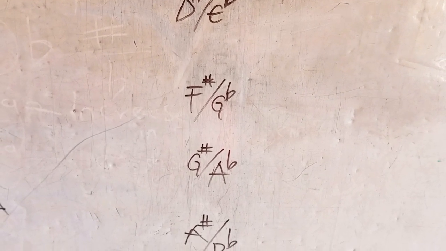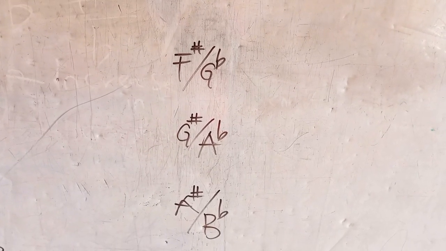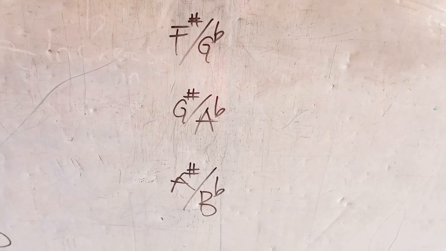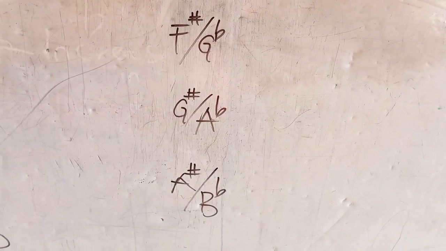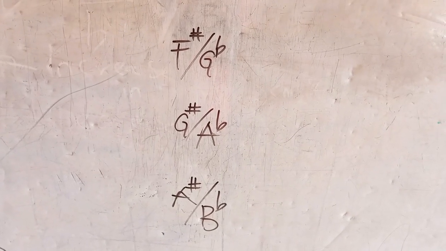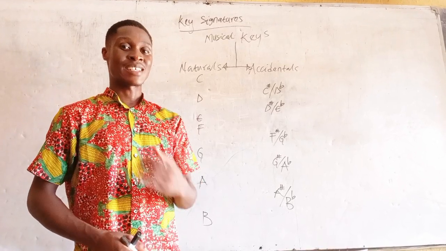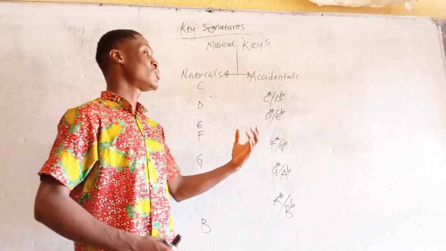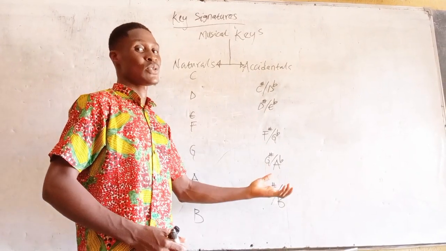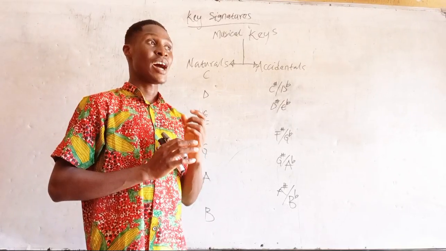When you sharpen key G and flatten key A, the endpoint is the same, leading us to G sharp and A flat. When you sharpen key A and flatten key B, the endpoint is the same, leading us to A sharp and B flat. So, like we said in our last class, wherever you see any key or any note having two names, that phenomenon is known as enharmonics.